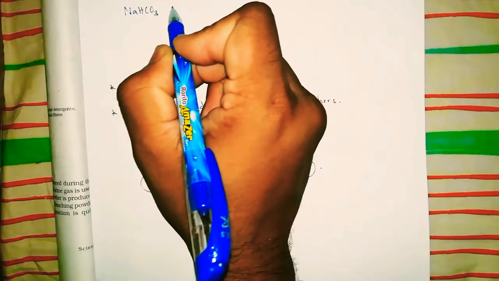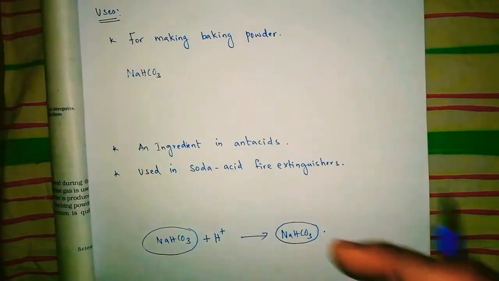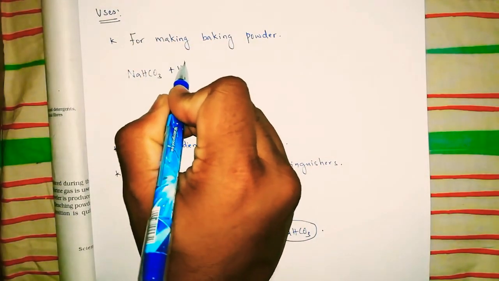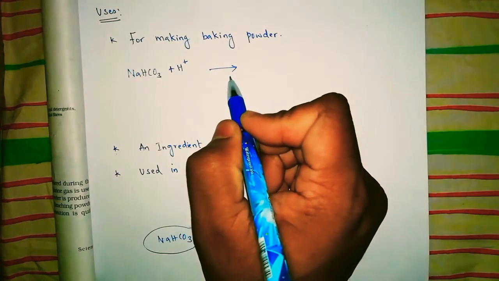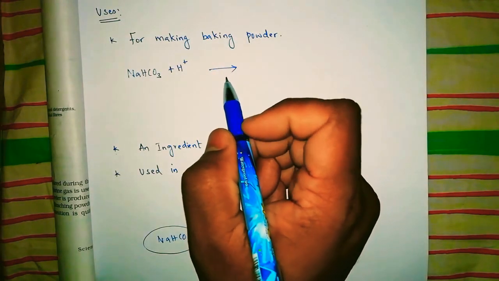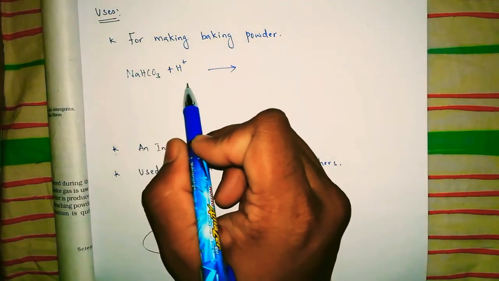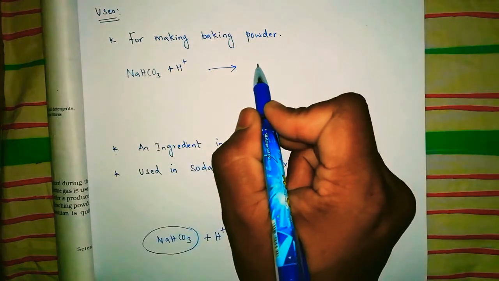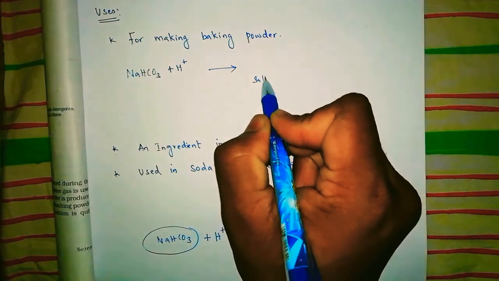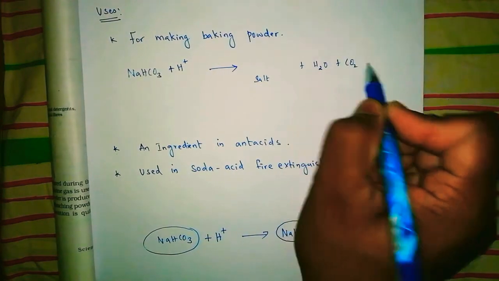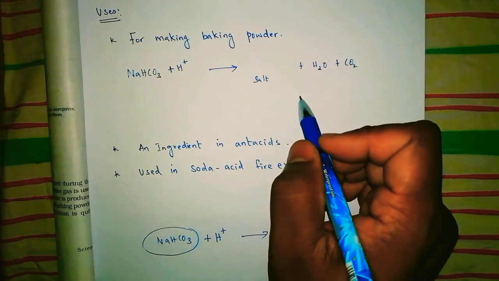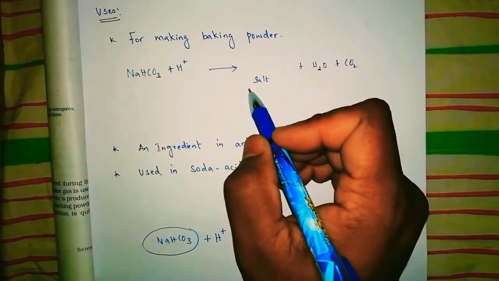NaHCO3, that is sodium hydrogen carbonate, when any acid is added along with it, as we know from the starting of the topic, when a metal hydrogen carbonate reacts with an acid, it gives salt plus water plus carbon dioxide. I want you to recap what we learned in the previous topic.